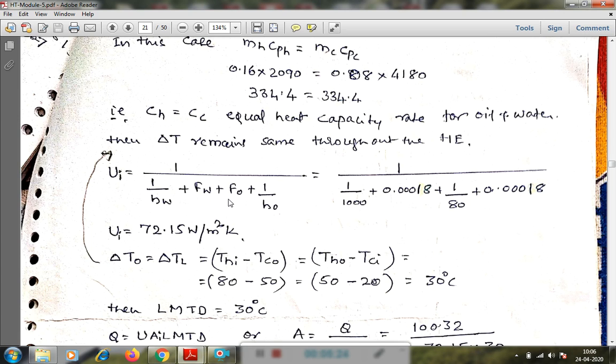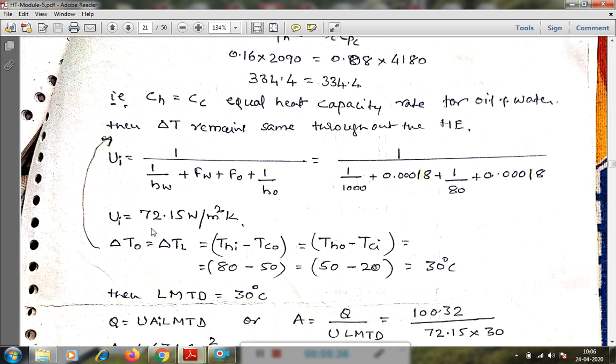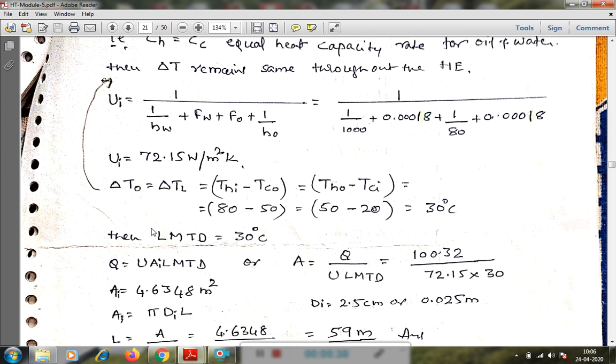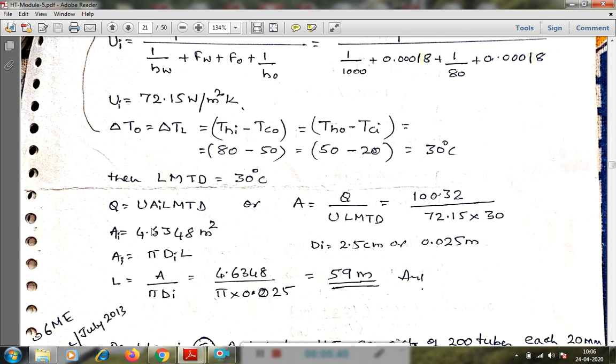That is Fw plus Fo, the fouling factor of water side and fouling factor of oil side, plus 1 by ho, the oil side heat transfer coefficient. If you add all these things, we are going to get the overall heat transfer coefficient as 72.15 watt per meter square degree Celsius. Then LMTD already we have. Then Q is equal to Ui Ai LMTD. Then Ai, whatever is there, that we can find out.